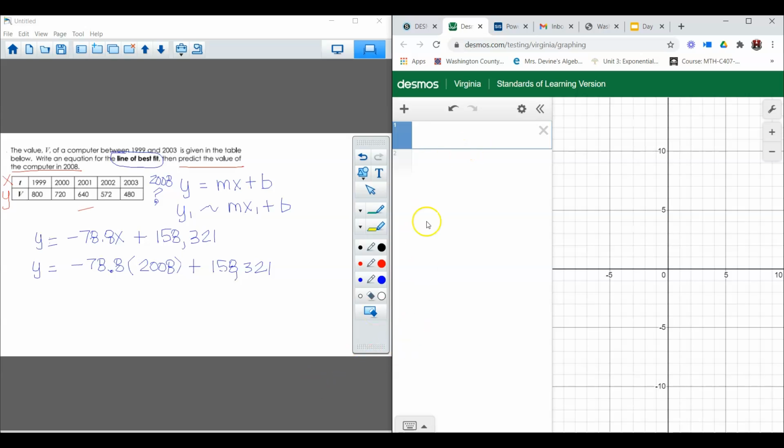And right here, we're going to do negative 78.8 times 2008 plus 158,321. And you'll see here your answer of 90.6.